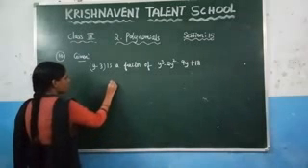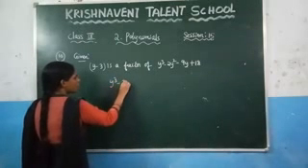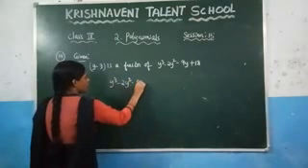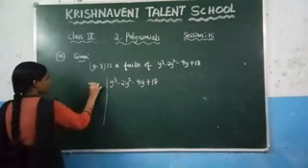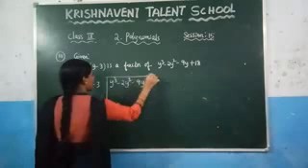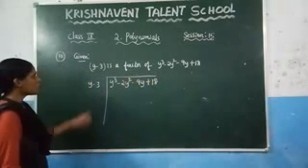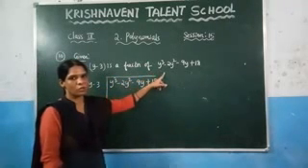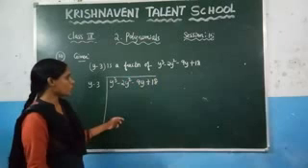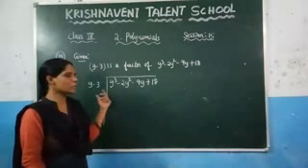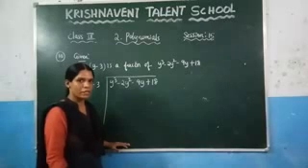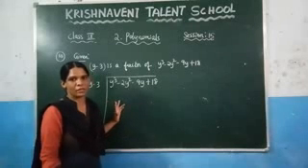So here, divide the polynomial y cube minus 2y square minus 9y plus 18 by the divisor, which is y minus 3. Why? Because they said that y minus 3 is a factor of this polynomial. What is meant by a factor? If a number is divisible by another number and you get the remainder as 0, we call those the factors.